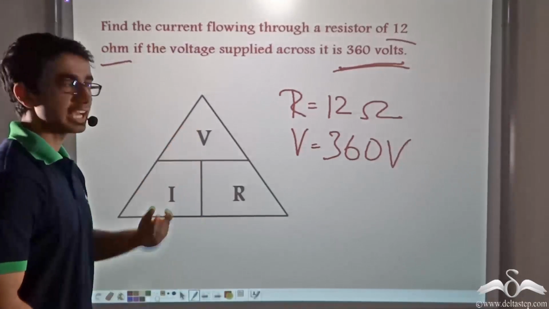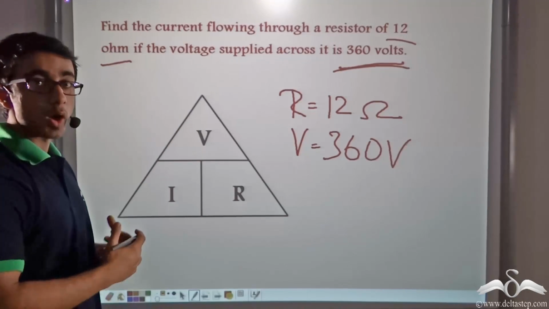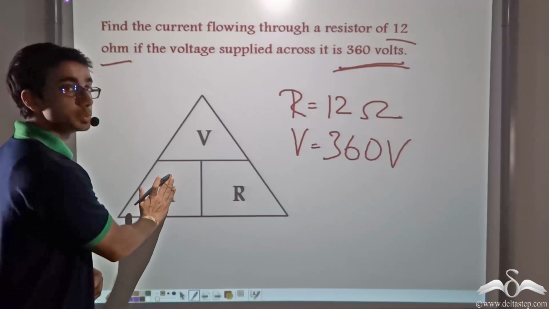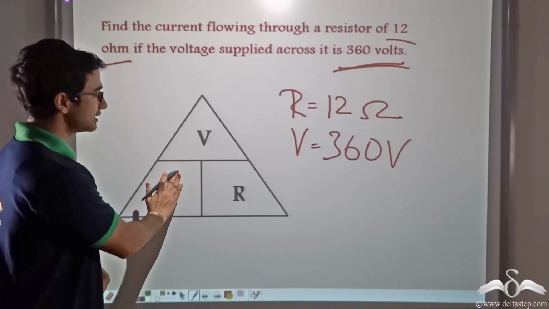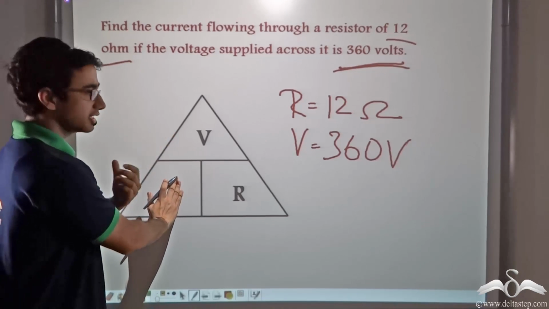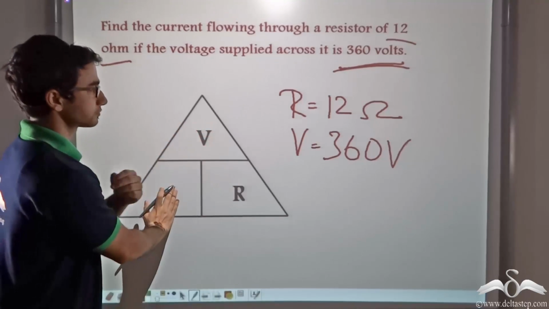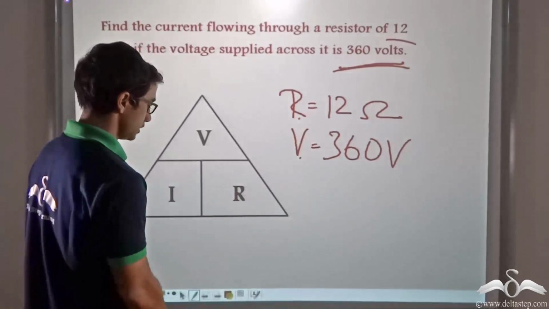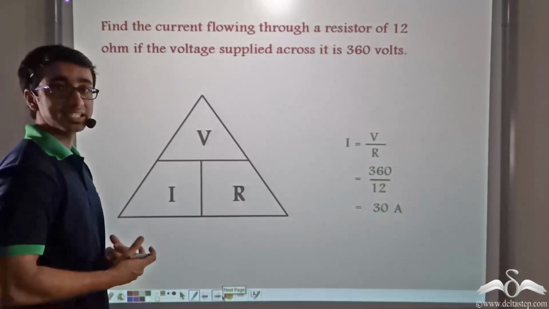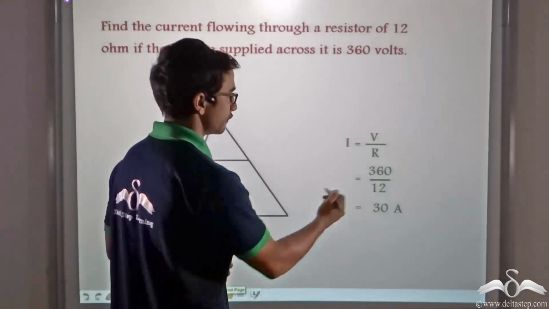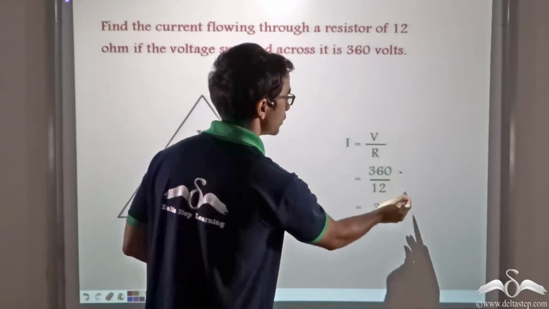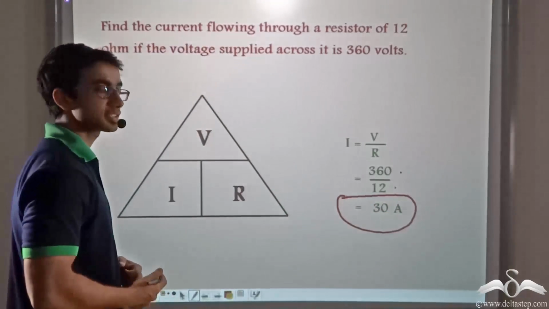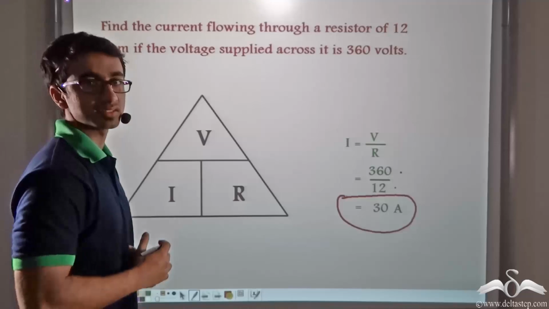So R and V have been provided to us. How can we find the current? We simply cover the value which we have to find. The resulting expression is V upon R, and we have both values. So we simply divide V by R, that is 360 upon 12, and we get a result of 30 amperes, which is the current flowing through the resistor.